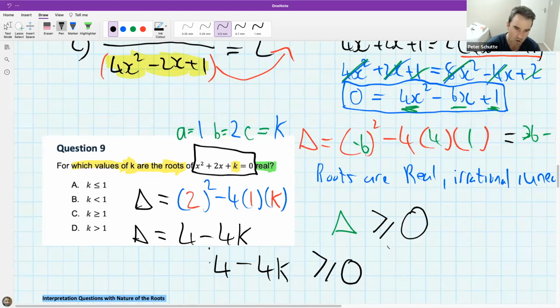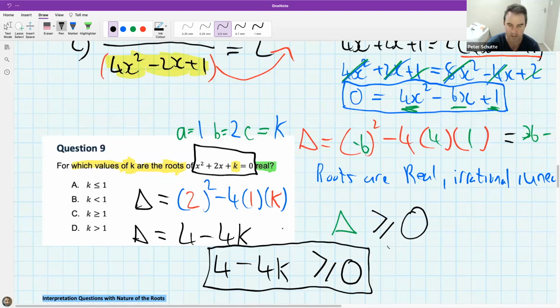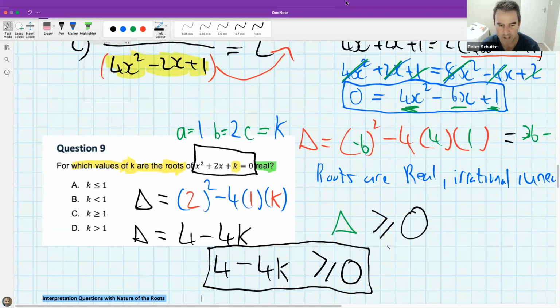We did inequalities last week, so if you can solve this inequality, you can get me the right answer. I want you to try and get me an answer before we have our break. How would we solve this inequality?